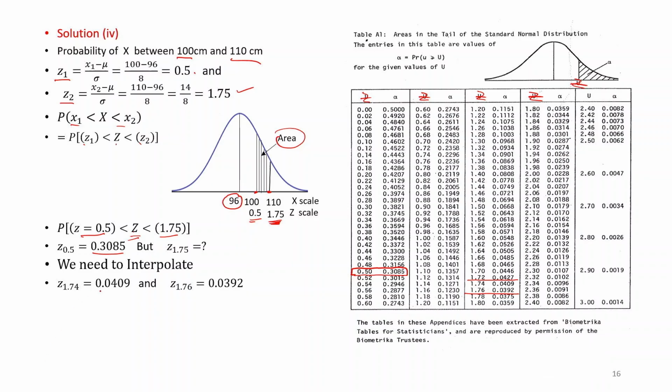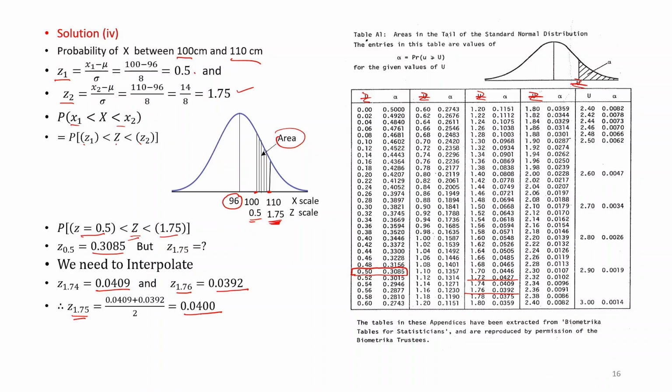Now for Z 1.74, the value quoted is 0.0409, and for 1.76, the value quoted is 0.0392. So for 1.75, we'll take the average of these two, and the value becomes 0.0400.